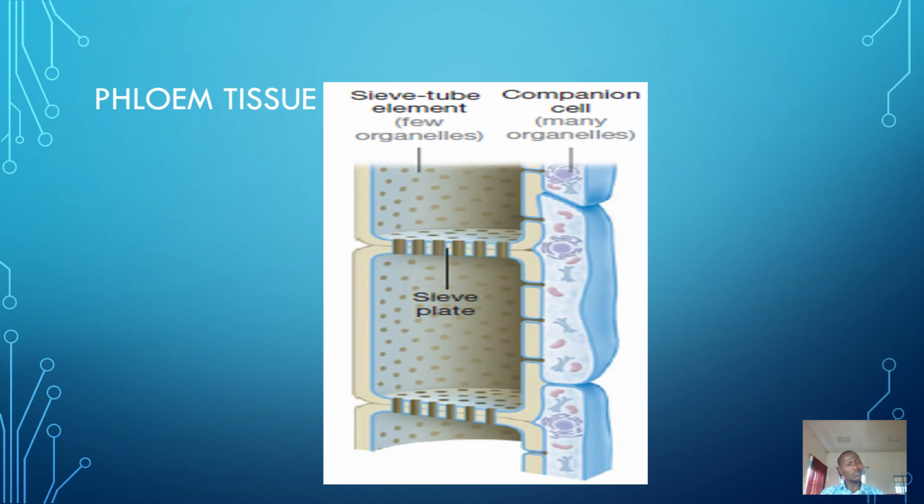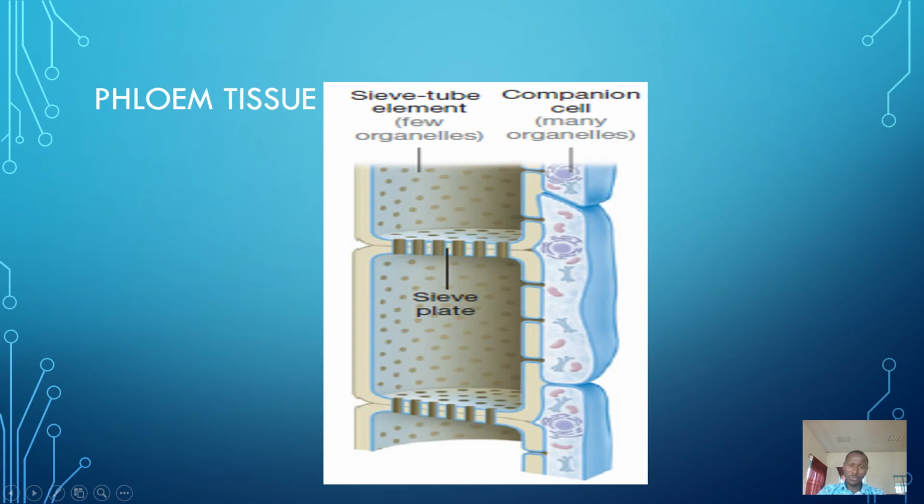The sieve tube elements lack components of a cell. Therefore, they are supported by another cell called a companion cell. Just as the word dictates, a companion gives support or company to the other cell with few living components. The companion cell is a living cell that gives support to the sieve tube.